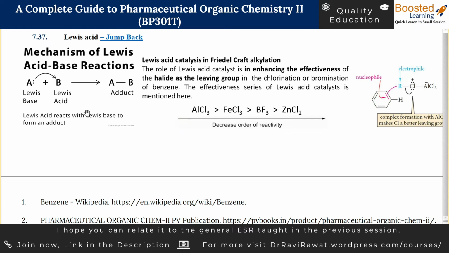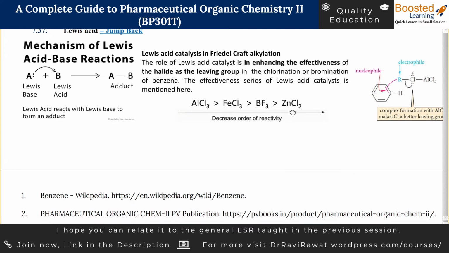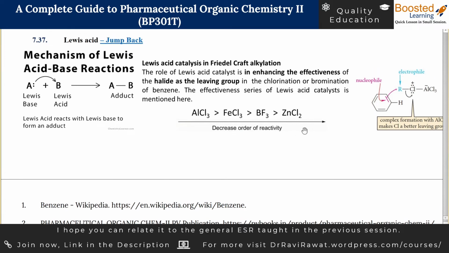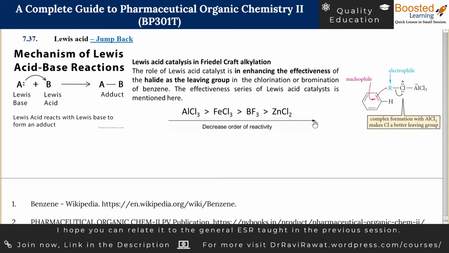Usually the metals which can accept electrons because they have vacant orbitals act as Lewis acids. The examples are aluminum trichloride, iron trichloride, boron trifluoride, and zinc dichloride. As you can see, these are molecules which belong to the metal series or maybe alkaline earth metals. So these are the ones which act as Lewis acids.